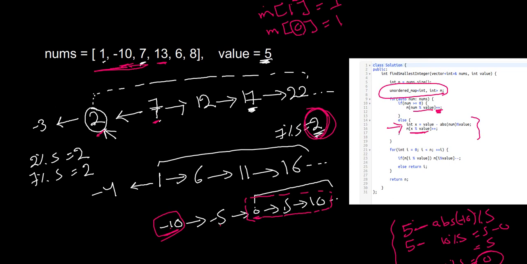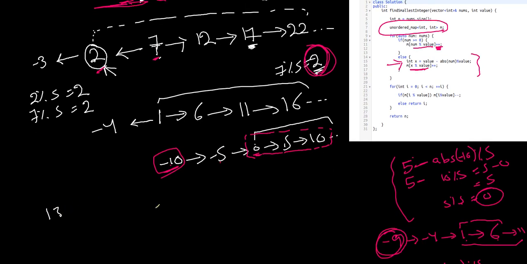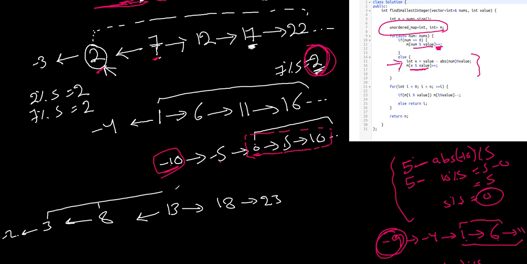Now 13 plus 5 is 18, plus 5 is 23. 13 minus 5 is 8, minus 5 is 3, minus 5 is minus 2. Notice that for the positive values, these all have the mod 3. 23 mod 5 is 3, 18 mod 5 is 3, 13 mod 5 is 3, 8 mod 5 is 3, 3 mod 5 is 3.